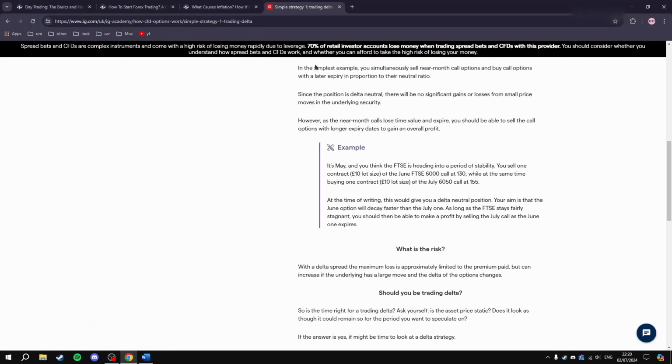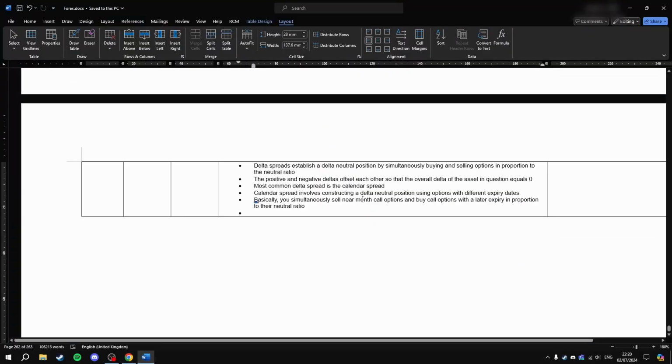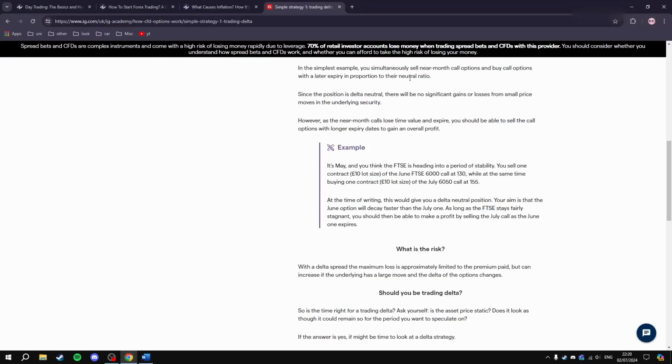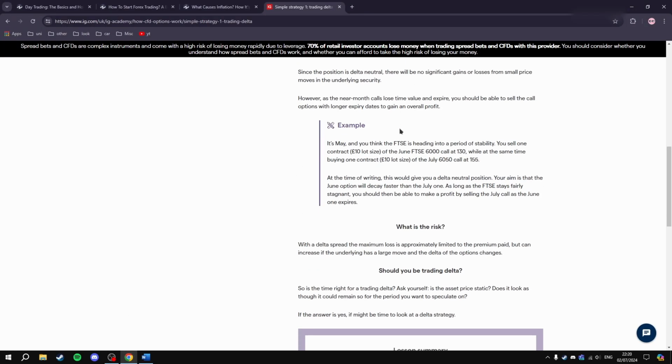So basically, simultaneously sell in a neutral ratio.